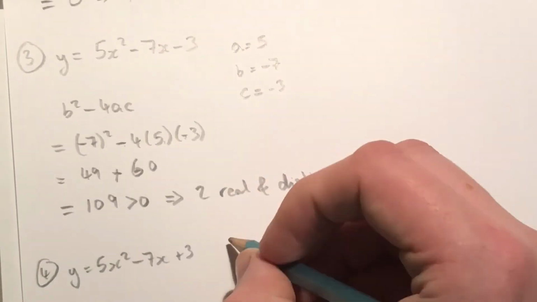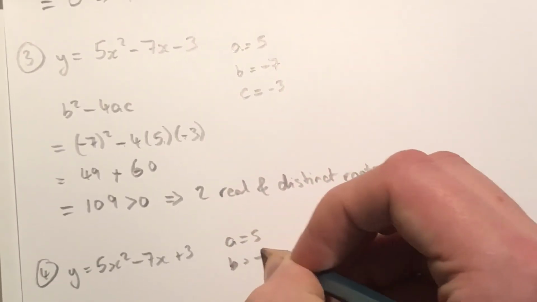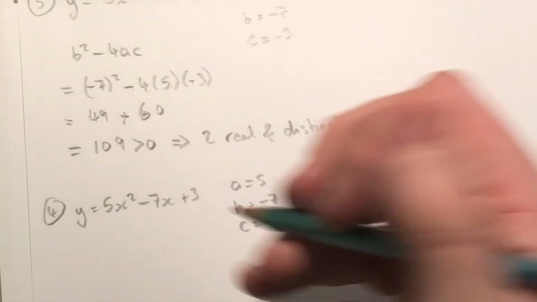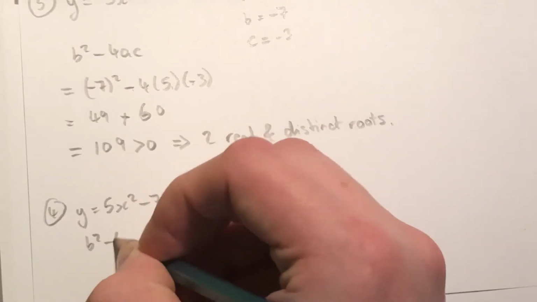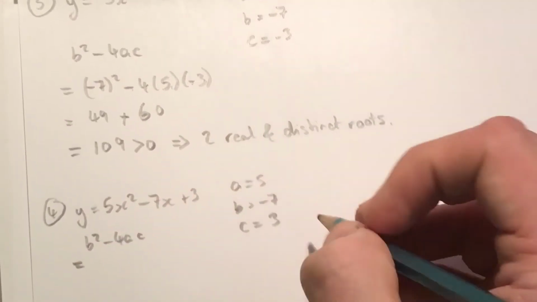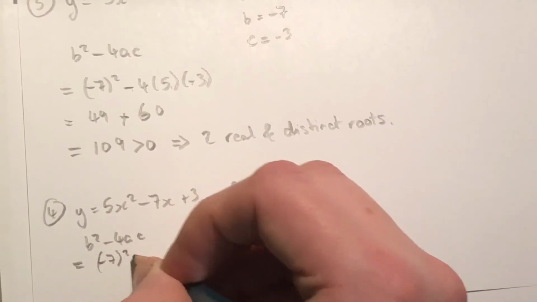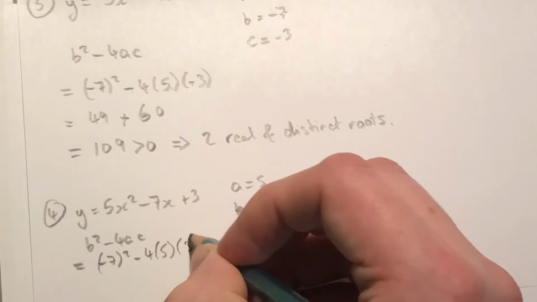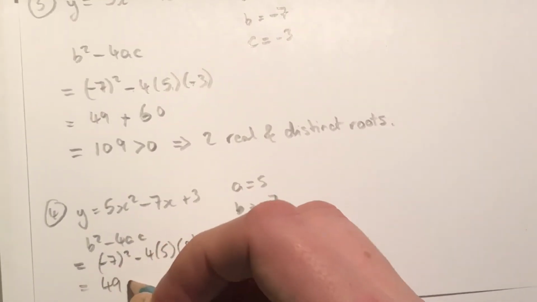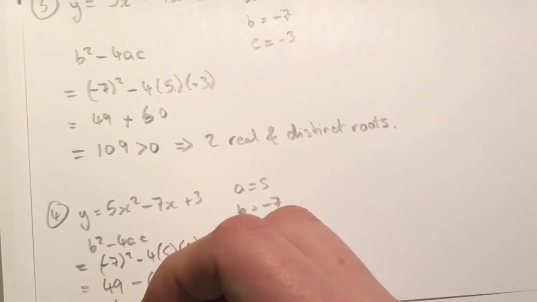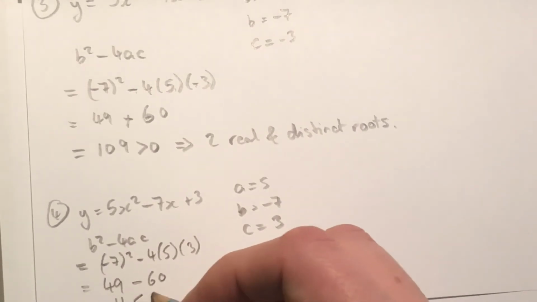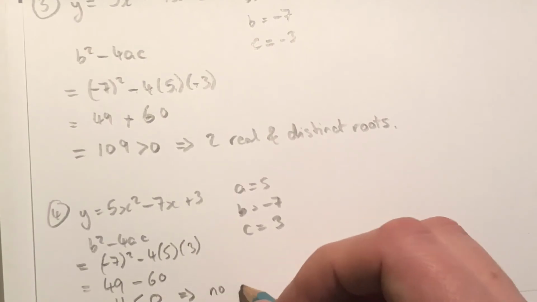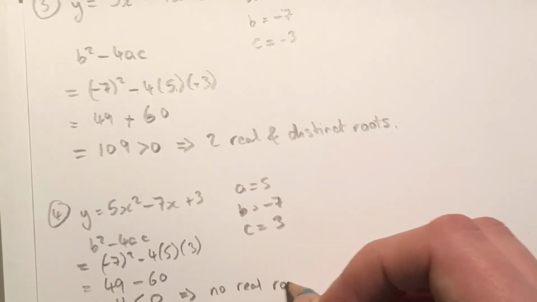So a is 5, b is minus 7, c is positive 3, and we'll have b squared minus 4ac, always write that formula out, minus 7 squared minus 4 times 5 times 3. So we've now got 49 minus 60 is minus 11. Minus 11 is less than 0. That's the only one that we've not used so far. It's less than 0. We have no real roots.